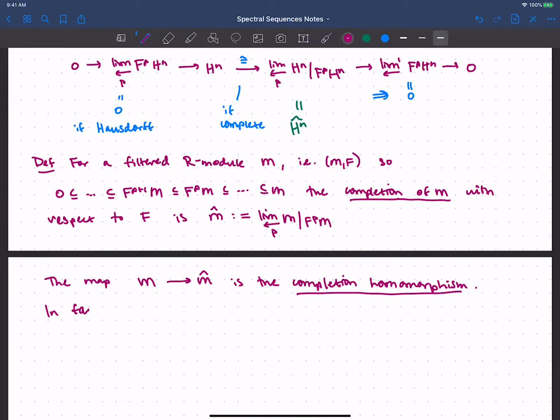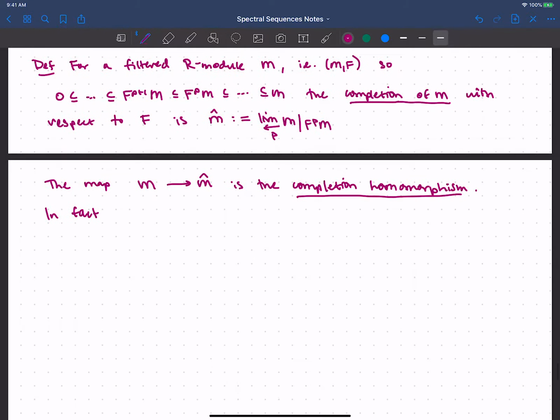And that map is kind of nice. In fact, this completion homomorphism is really a map of filtered things, so I need to give a filtering on the completion. I had M together with its filtration F, and this is really a map to its completion M hat together with a filtration F hat.